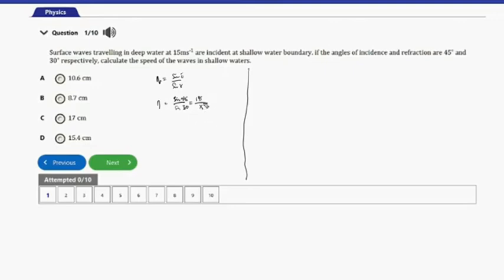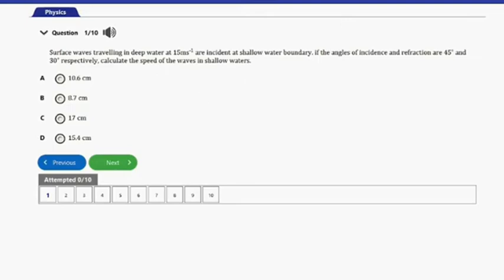So we are going to calculate the speed of the wave in shallow water. So in that case, we are going to make the speed of the wave in shallow water the subject of this equation. Let's call that x. So x now is equal to 15 sine 30 over sine 45. So guys, that's 10.6, and that's option A here.